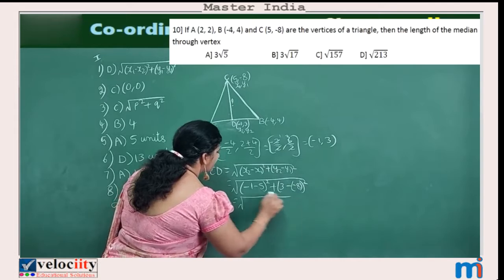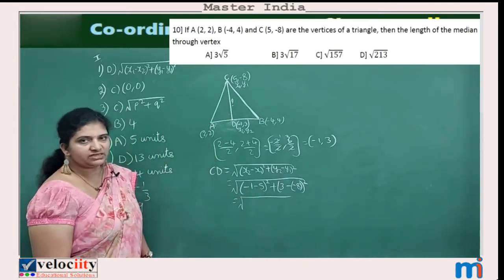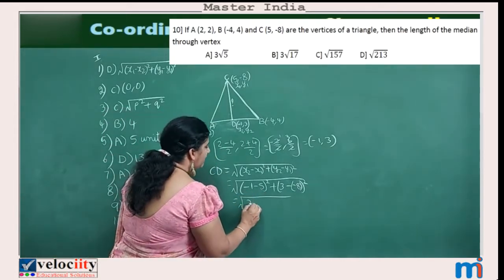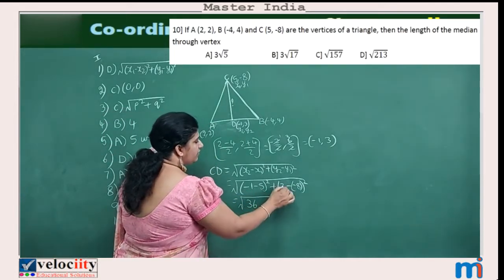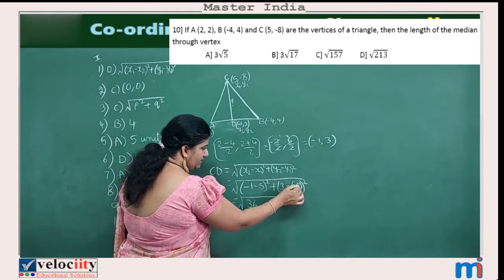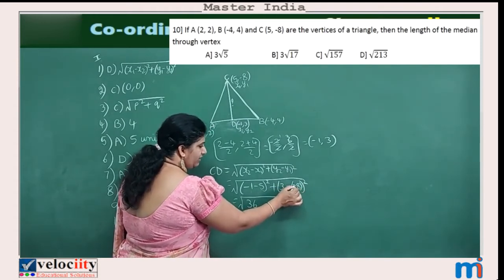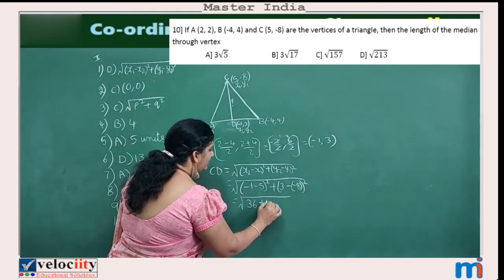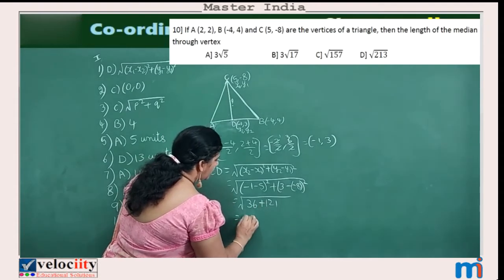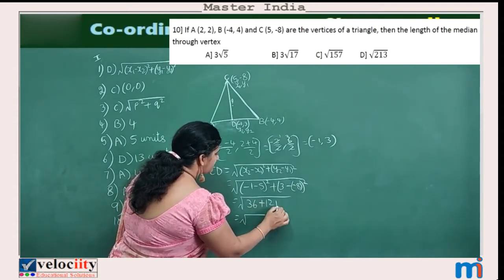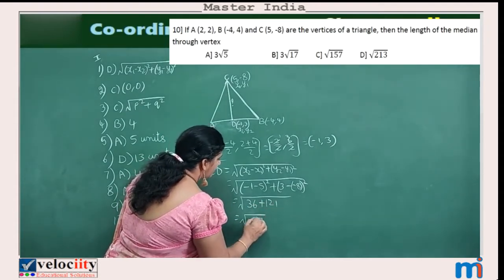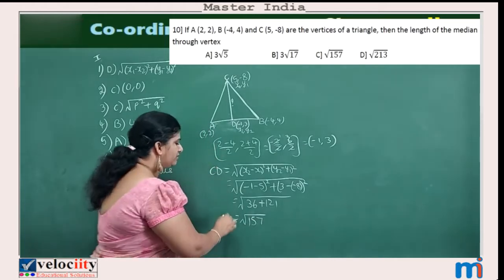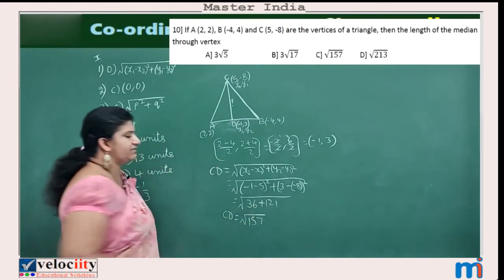Minus 1 minus 5 will be minus 6. Minus 6 whole square will be 36. 3 minus into minus plus 8, 3 plus 8 is 11. 11 11s are 121. And now add this 36 plus 121. It will be 157. Square root of 157.